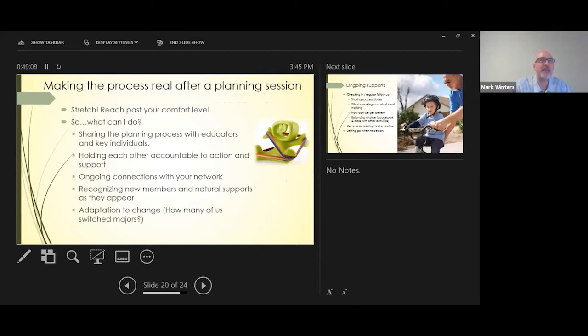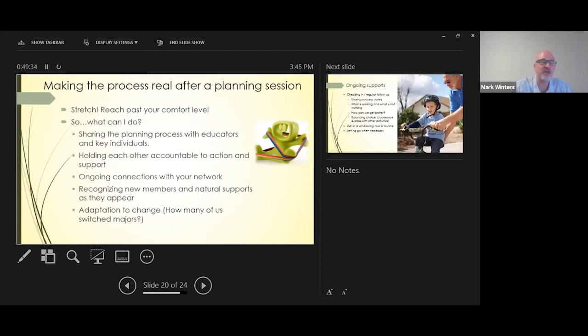In any planning process, the person gets to decide and determine who they want to be present at that session. That might mean that there are key individuals that are part of the support that might not be at that particular planning session or that particular meeting or part of a particular conversation.